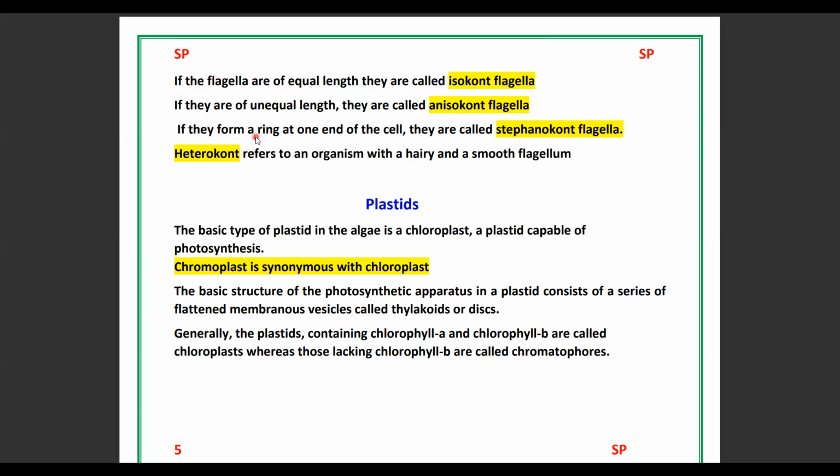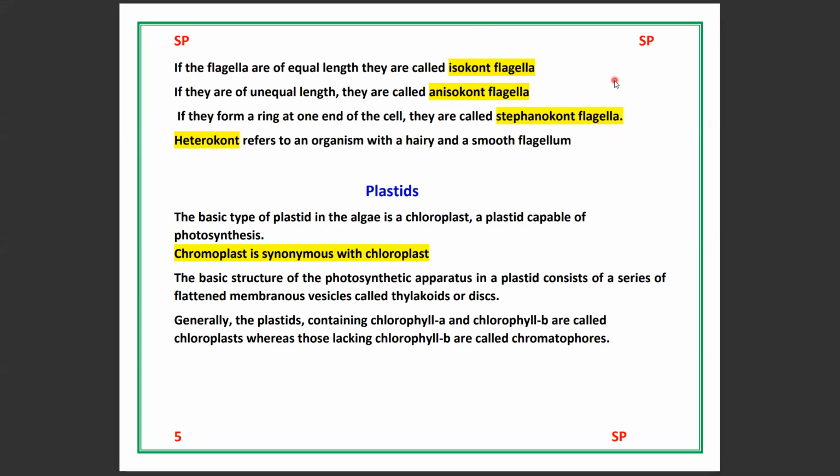If they are formed in a ring at one end of the cell, they are called stephanokont flagella. Especially in Oedogonium, at the tip part, ring-like flagella are arranged in a group. They are known as stephanokont flagella.